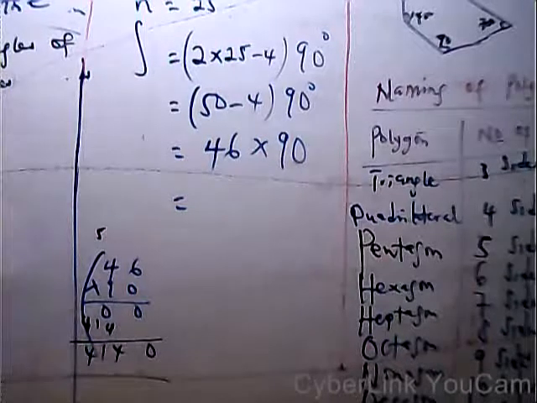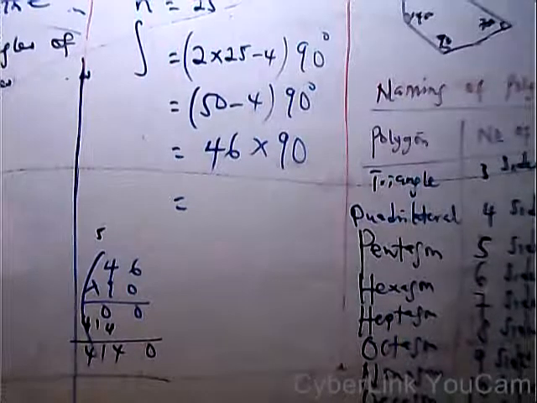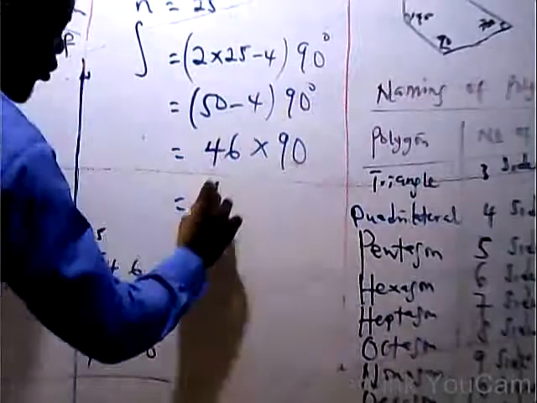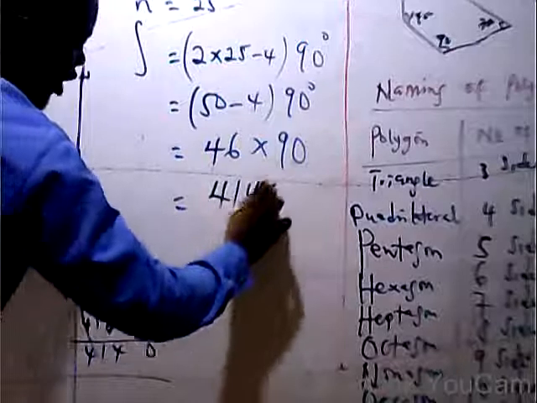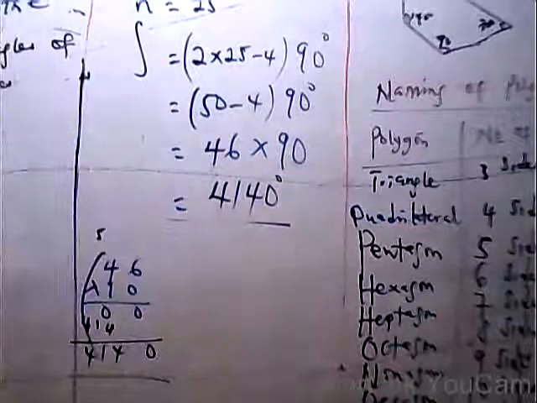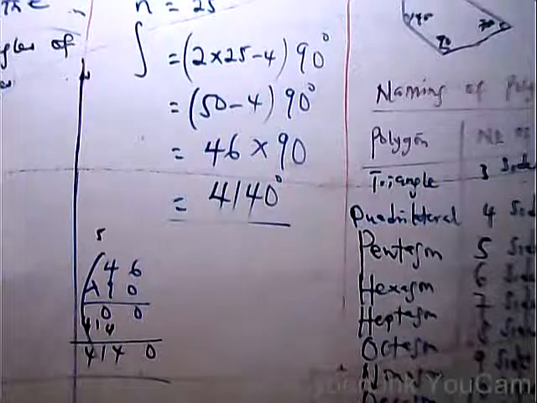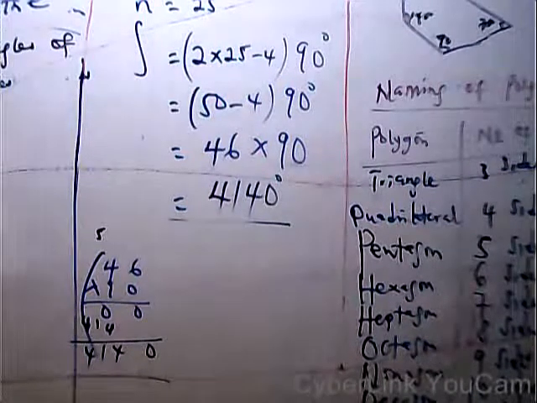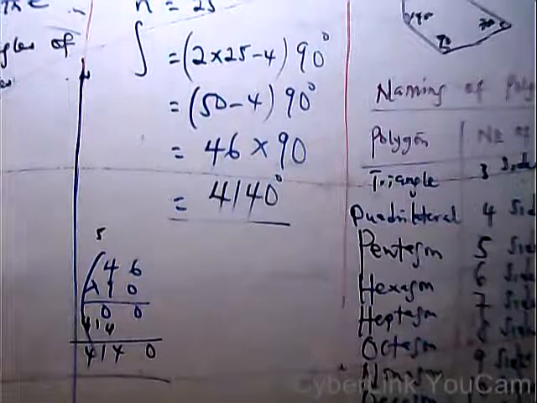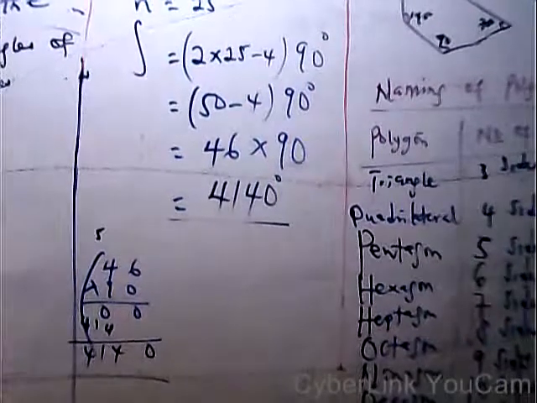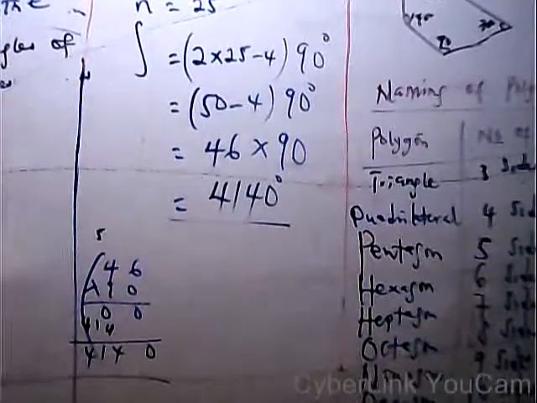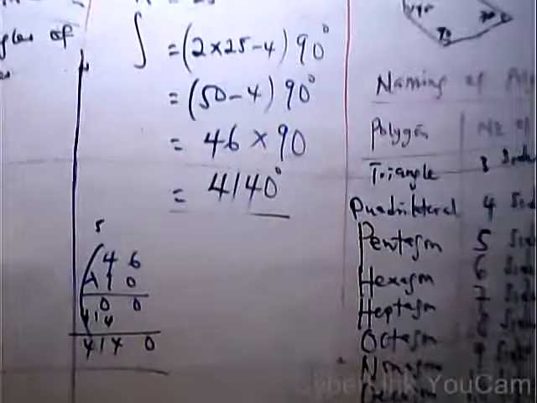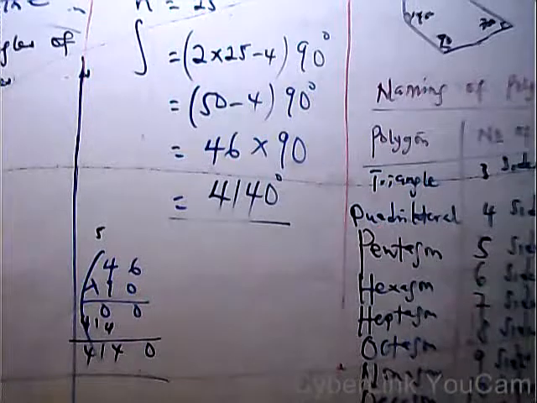So the answer is 4140 degrees. Meaning that when you have a polygon with 25 sides, the sum of the angles is 4140 degrees.